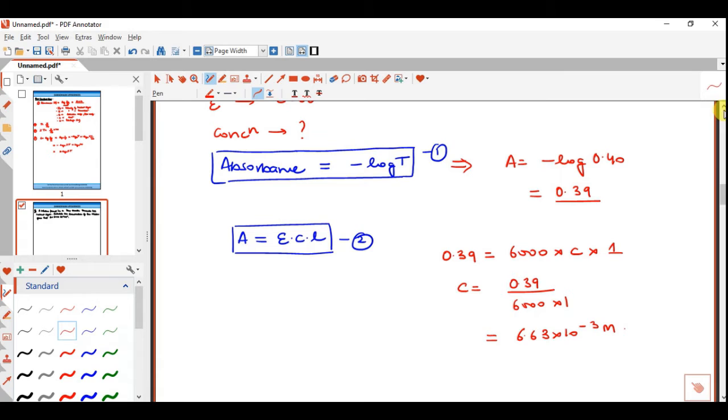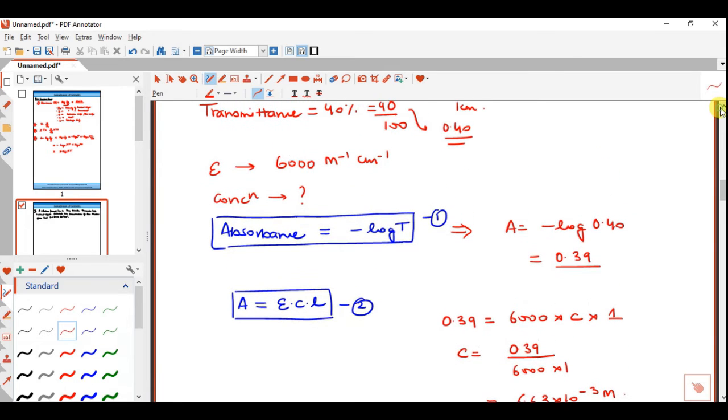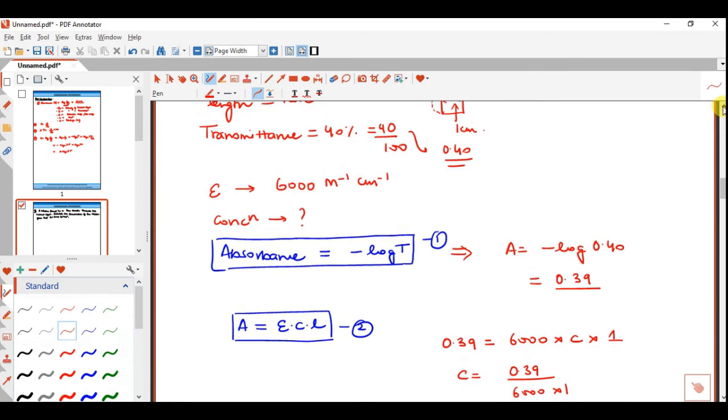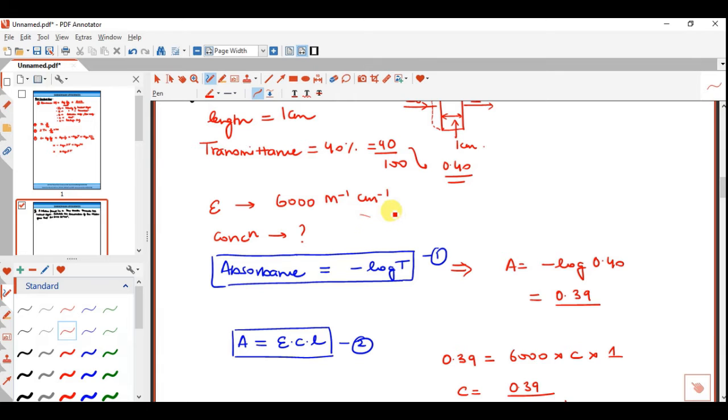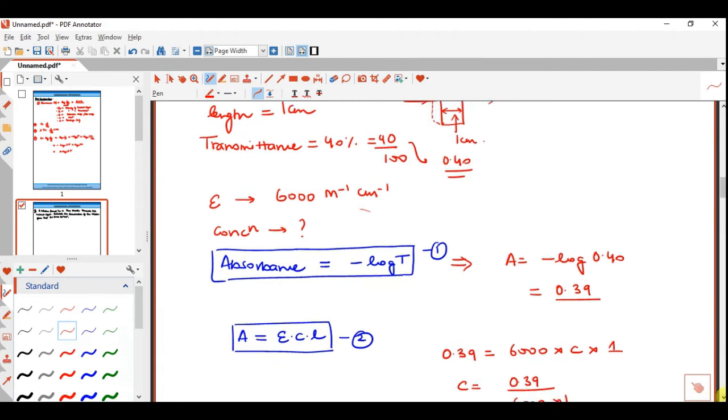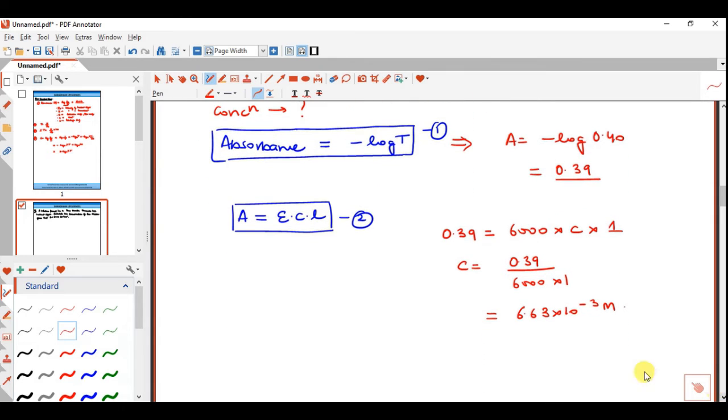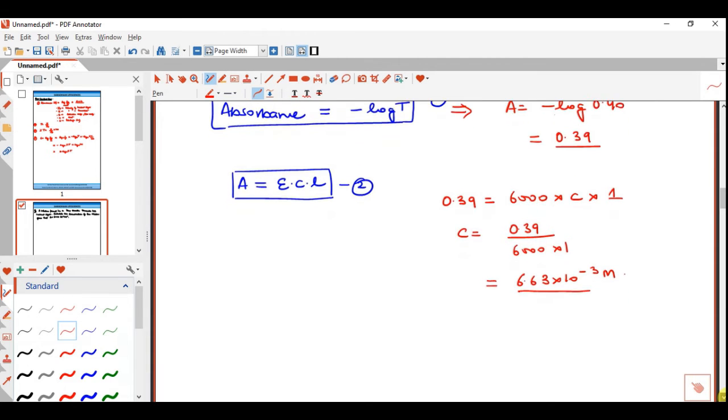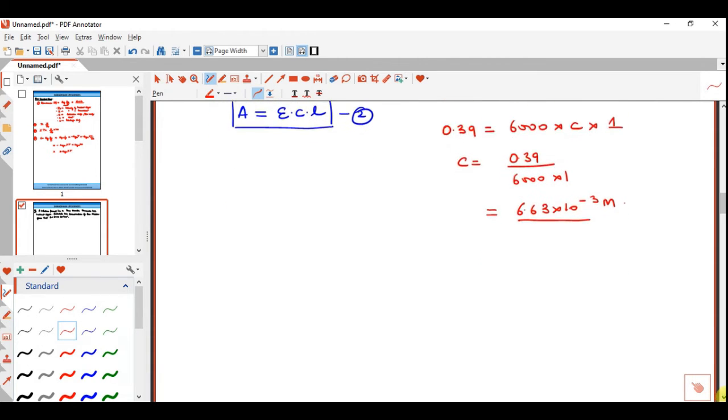You can easily understand this, because the molar extinction coefficient has a unit of mole inverse and centimeter inverse, and you already had centimeter in your formula because the length was in centimeter. So concentration definitely would be written in molars. So always remember to write down the units and correct units.